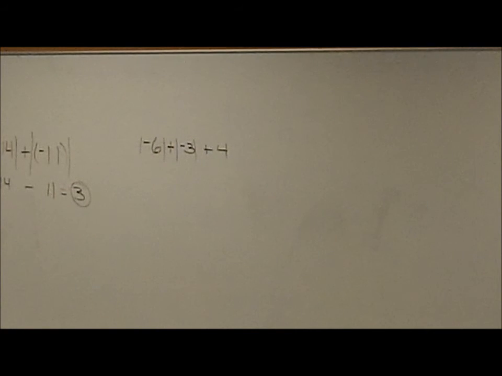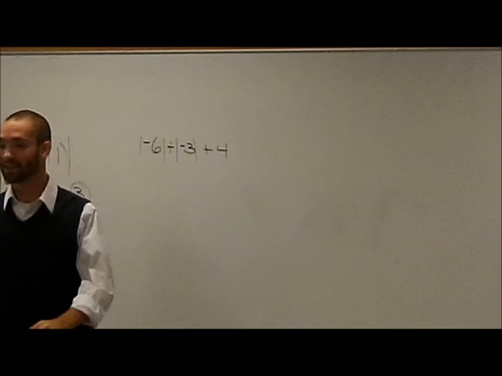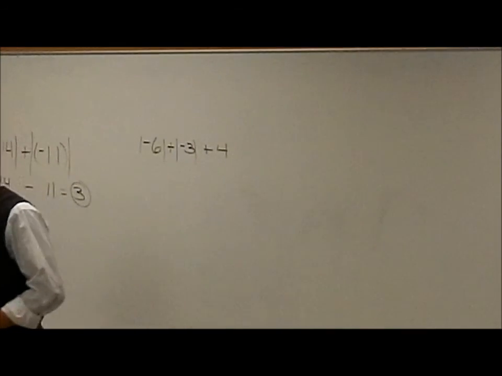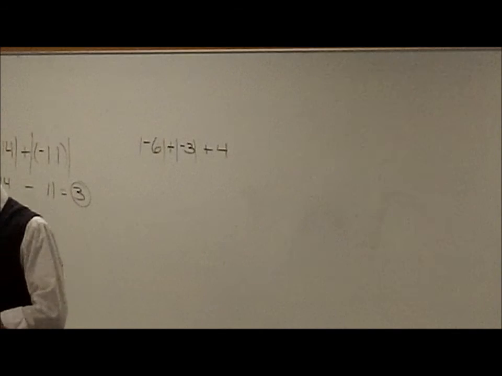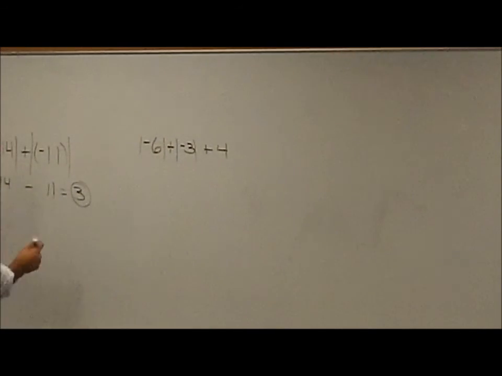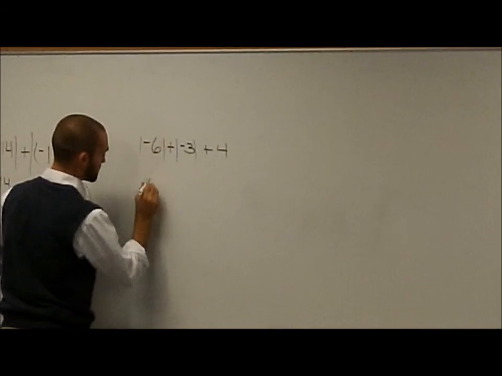What does absolute value mean again? The distance from the origin. And what is the purpose of the origin? To separate the negative and positive numbers. Why do you think we keep going over this? Because I want you to know the purpose behind it. Okay? Good. So it's 6. Negative 6 is 6 away from the origin.